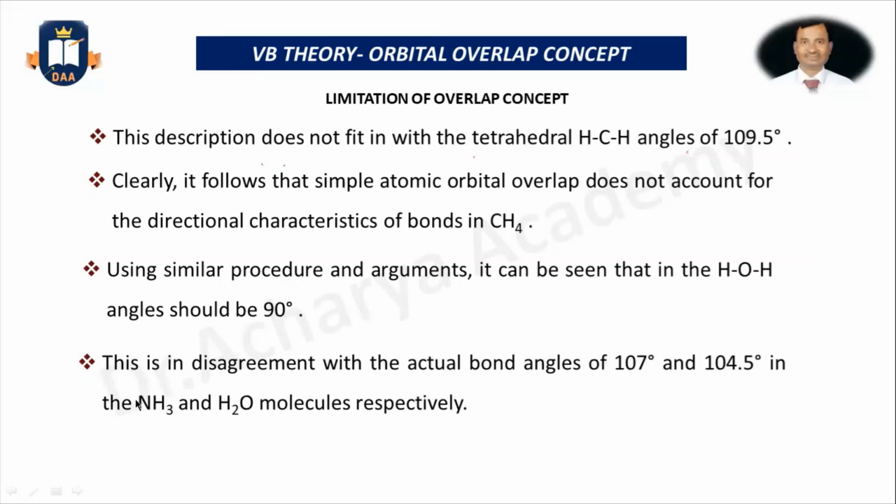The actual angle of NH3 is 107 degrees, and for the H2O molecule the HOH angle is 104.5 degrees. But as per atomic orbital overlap, both should be 90 degrees. Practically it is not like that, and this is the limitation of this overlap concept.